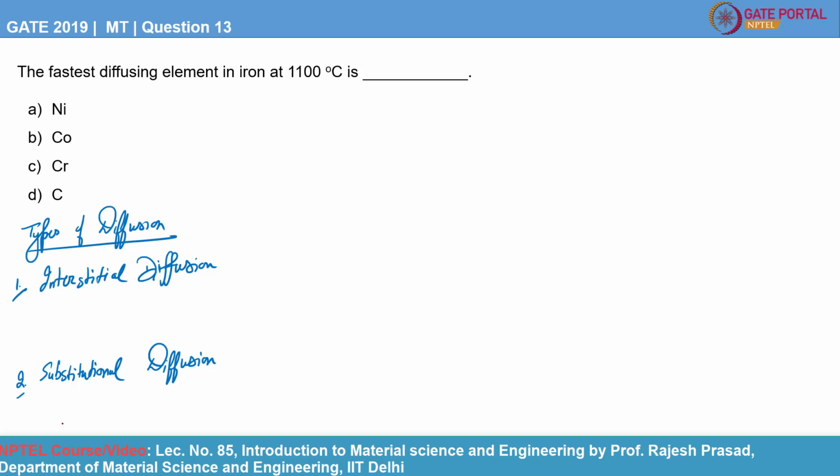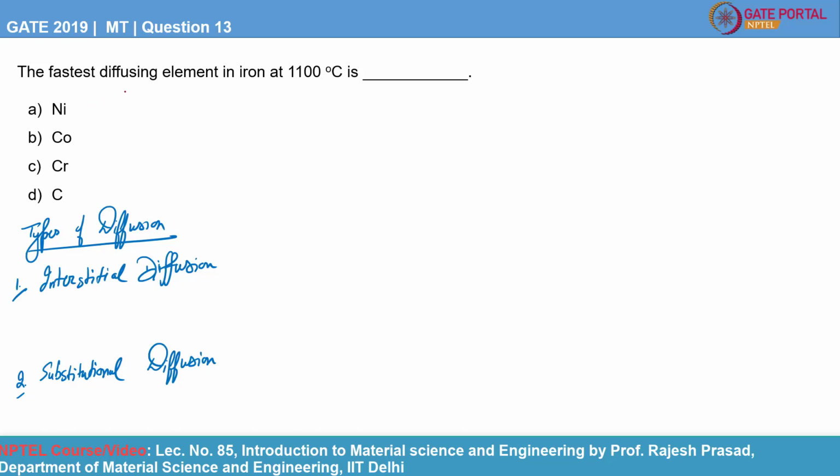The vacancy mechanism of substitutional diffusion is most widely followed to explain the diffusion mechanism, and these two types of diffusion generally depend on the size of the solute atom. So we need to know the atomic radius of these elements to identify which element follows which kind of diffusion.